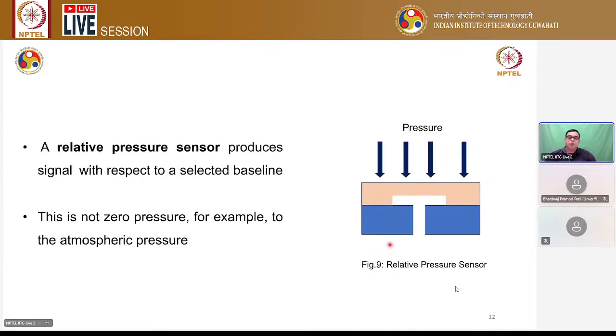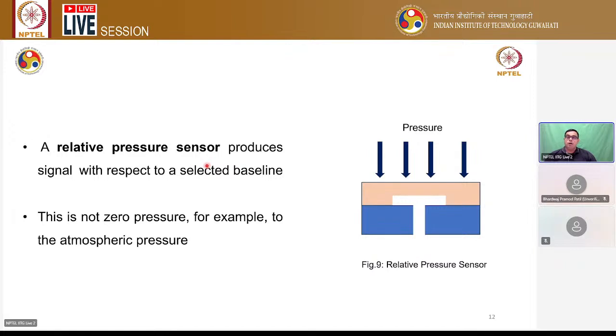A relative pressure sensor produces a signal with respect to a selected baseline. This selected baseline is of course a non-zero pressure condition. We have discussed the pressure sensor in other modules; if you have not studied it, you definitely will. A non-zero pressure reference is a non-vacuum condition, like atmospheric pressure.